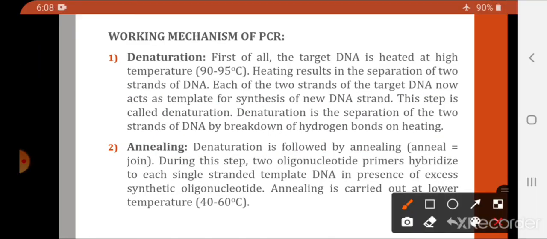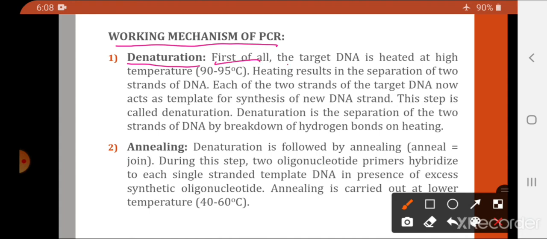So students, आपकी बुक में ये प्रोसेस डिटेल में नहीं दिया है, but let us see the various steps or working mechanism of the PCR. So the first step of the PCR is the denaturation step. So what is the first step? Denaturation. What happens in denaturation?